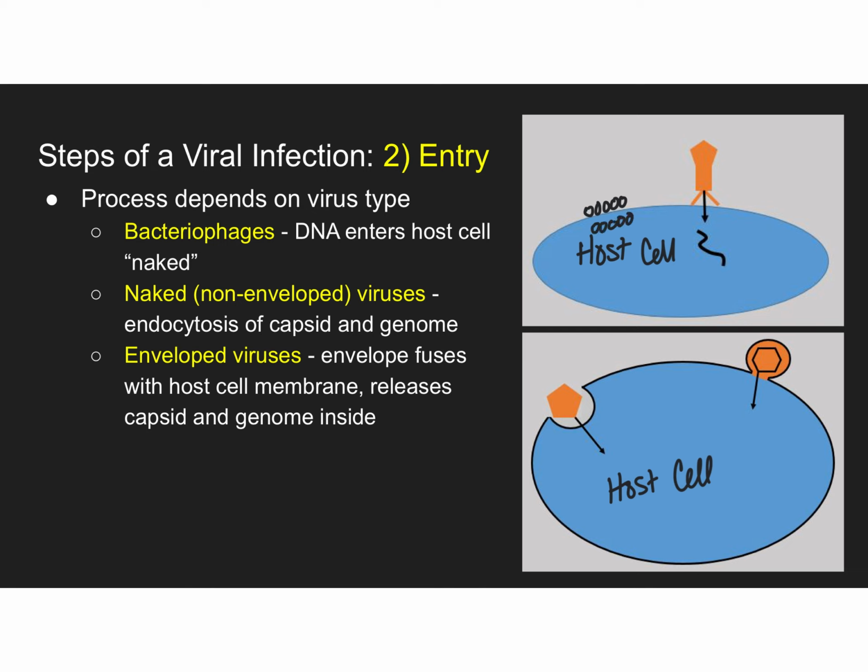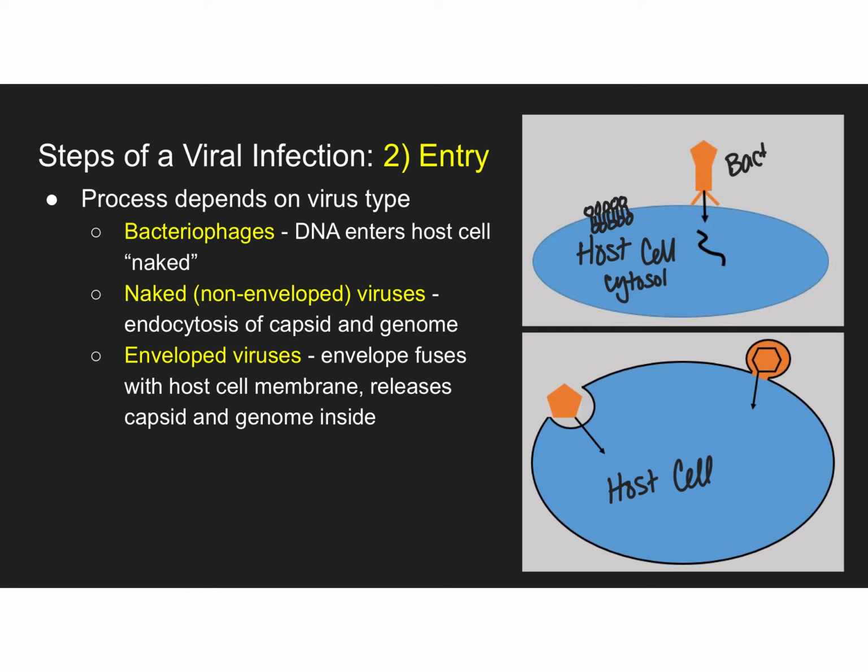So this is a cell membrane just like what you probably learned about in a first semester biology course. So once the virus attaches to those receptors on the host cell, some or all of the virus is then going to go inside the host cell, so into the cytosol or cytoplasm.